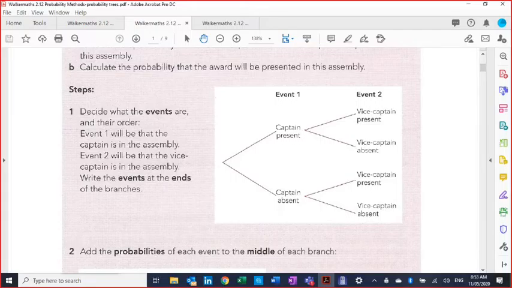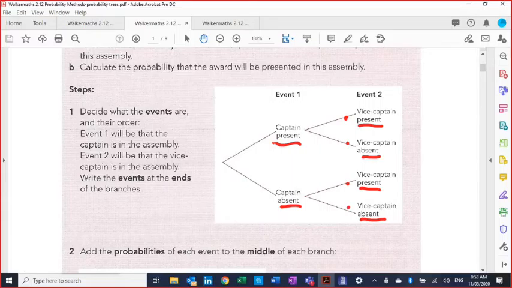And he gets even more branches, because the captain only gets present or absent, but the vice captain can be present or absent depending on whether the captain was present or absent. So do you see how each event gets a new branch? Okay. So in the end, I end up with 4 branches, right?